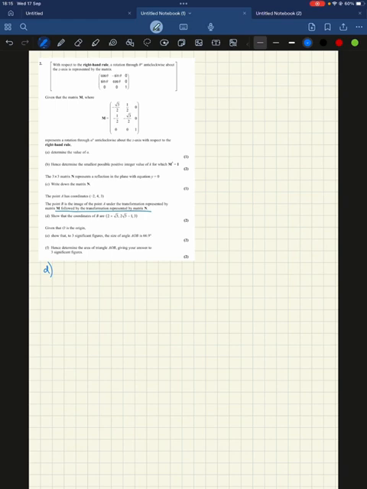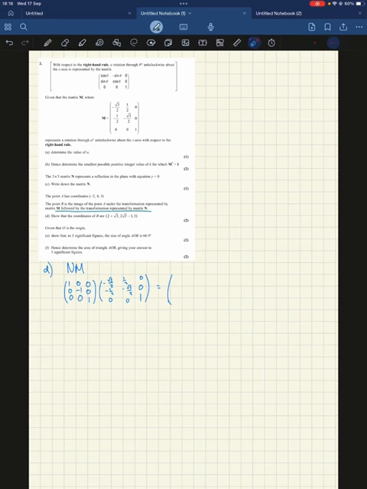M followed by N, we're going to multiply NM, the other way around. So N, we said, was 1 0 0, 0 minus 1 0, 0 0 1, multiplied by M. Now just multiply the matrices, row by column. Alright, so this is our matrix NM.